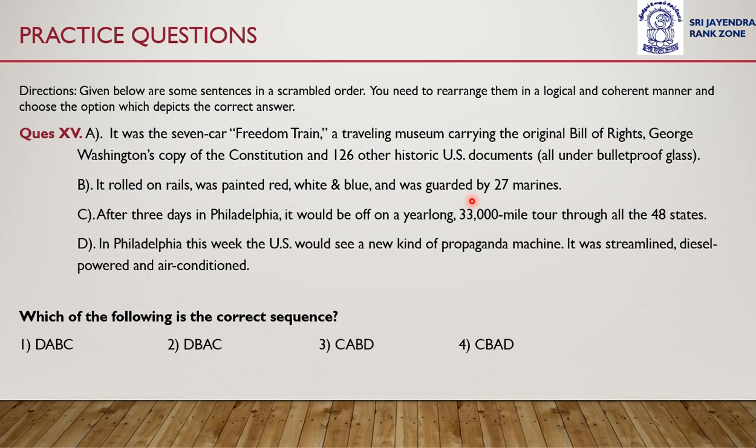So I hope all of you have read it and recognized the opening and closing statements. Let us read it together. It was the seven-car Freedom Train, a traveling museum carrying the original Bill of Rights, George Washington's copy of the Constitution, and 126 other historic US documents, all under bulletproof glass.